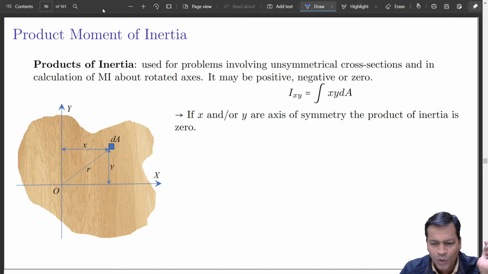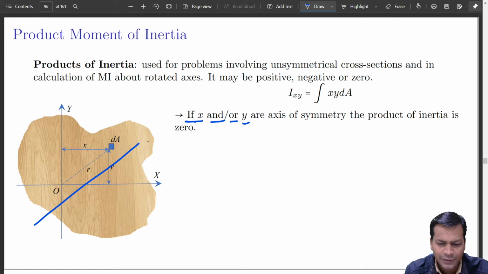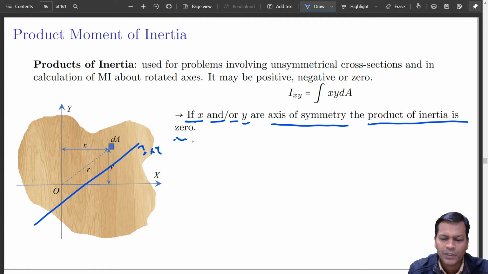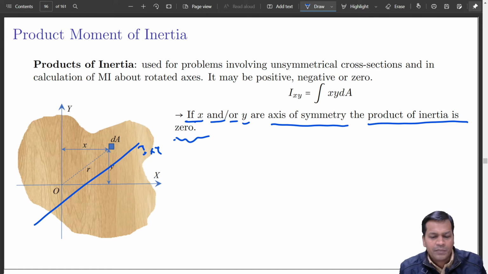So if x and or y, any one of these can be the principal axis. Ixy is for an inclined axis about which I want to know. If either x or y becomes an axis of symmetry, the product moment of inertia becomes equal to 0.